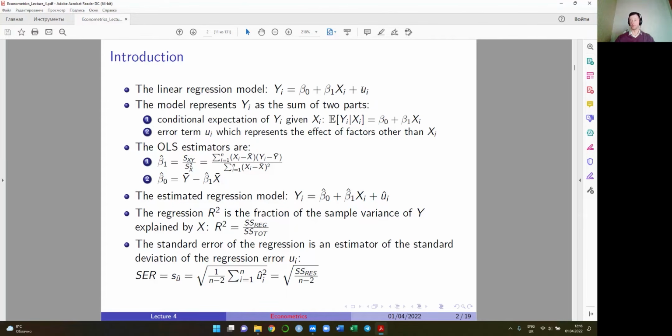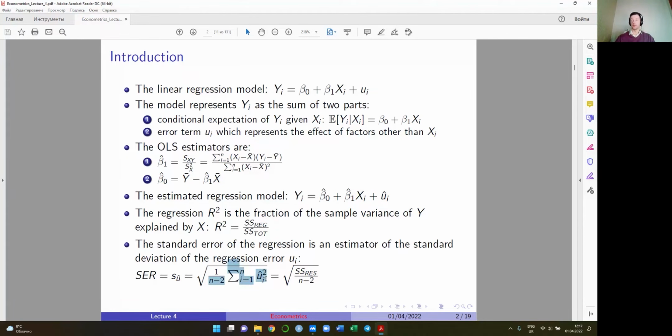If u deviates not much, then the model is good in explaining y. And since we don't know this error term, we estimate it with the help of residuals u hat, and then we compute the sample variance of these u hats.